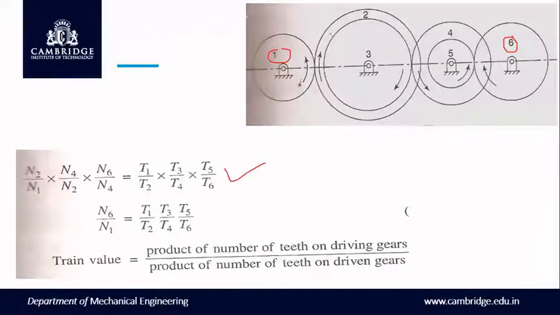We know the train value is the driven gear speed to the driver gear speed. So N2 by N1 multiplied by N4 by N3, because gear 1 is in mesh with gear 2, gear 3 is in mesh with gear 4, and gear 5 is in mesh with gear 6. But since gear 2 and gear 3 are mounted on the same shaft, the speeds N2 and N3 will be the same.